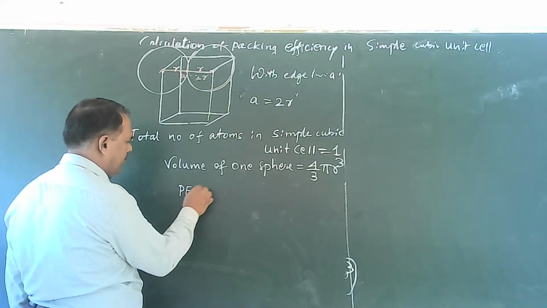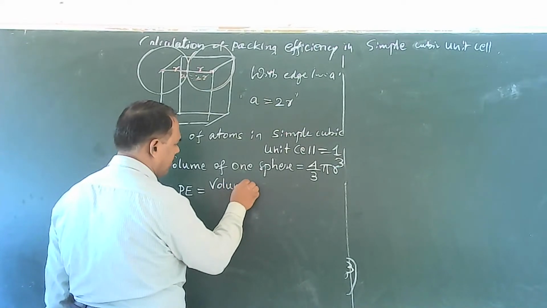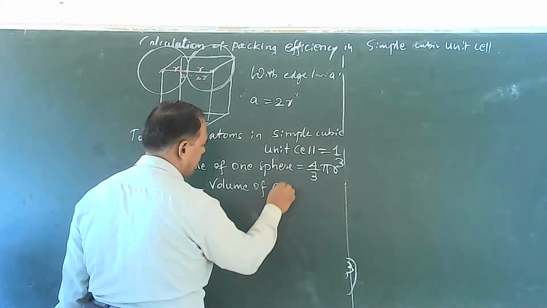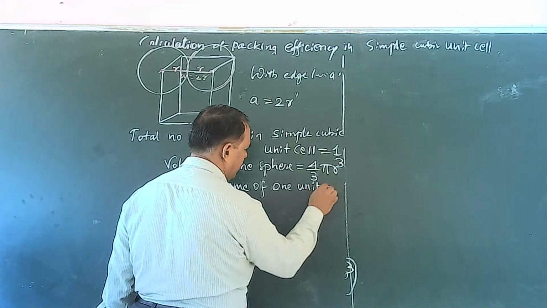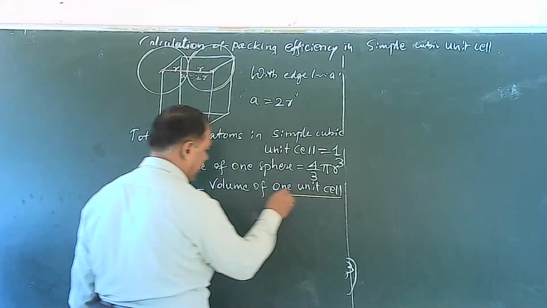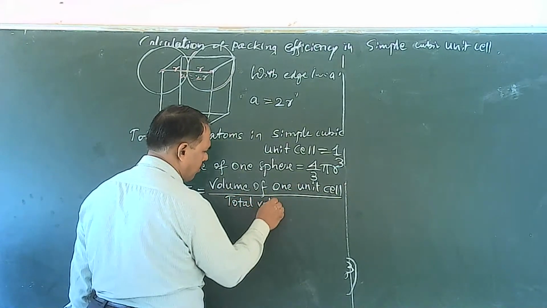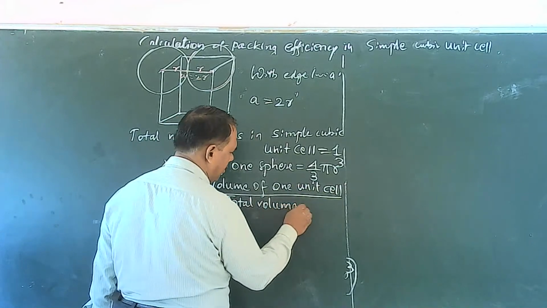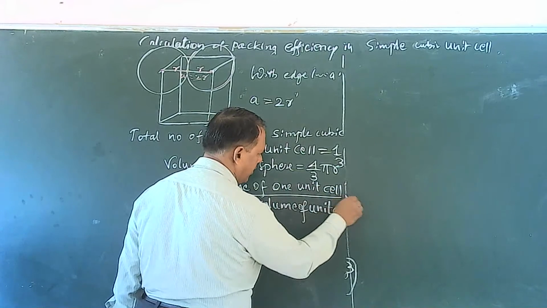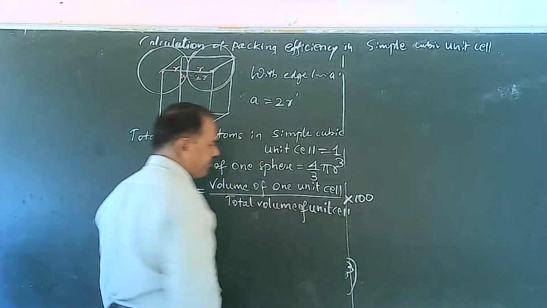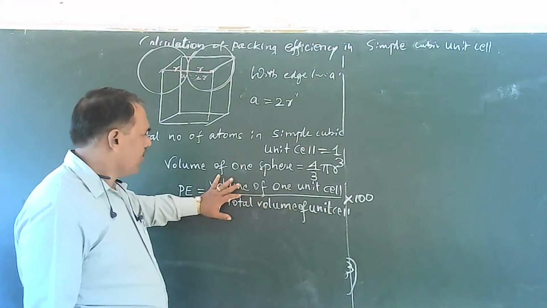Packing efficiency is equal to volume of one unit cell divided by total volume of unit cell into 100.